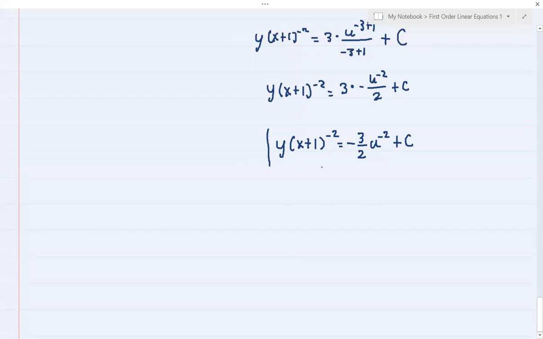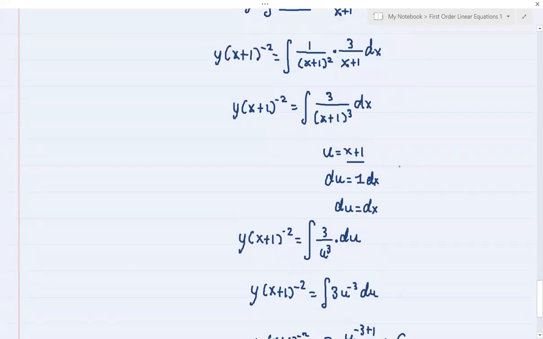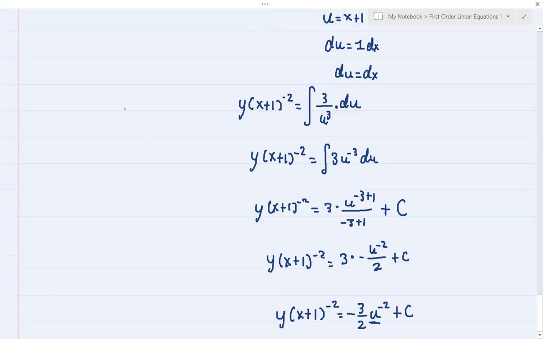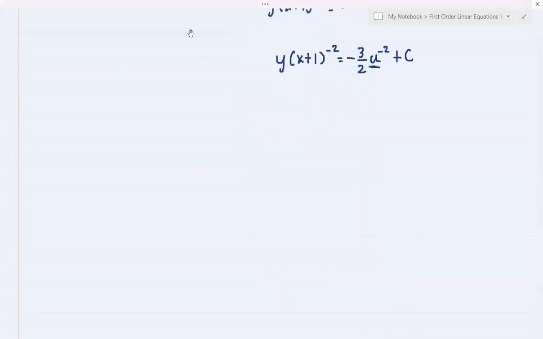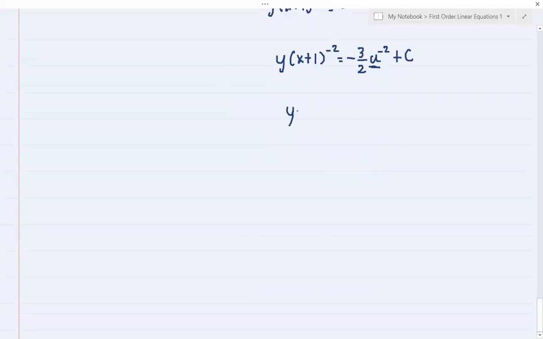So this is your final answer. Wait, no, not yet. I forgot something. Do you know why? Remember that your u is your x plus 1. So therefore, let's put it back again.